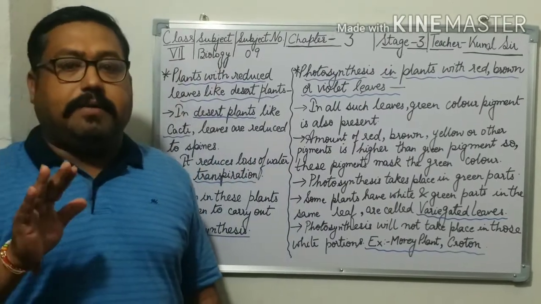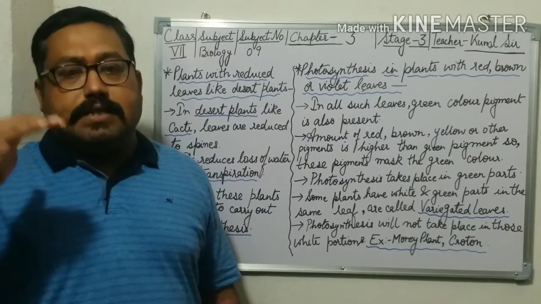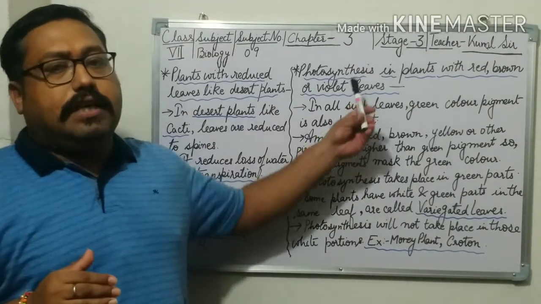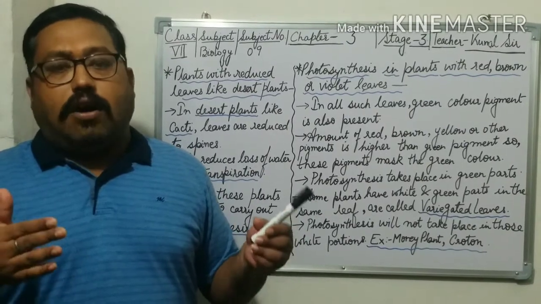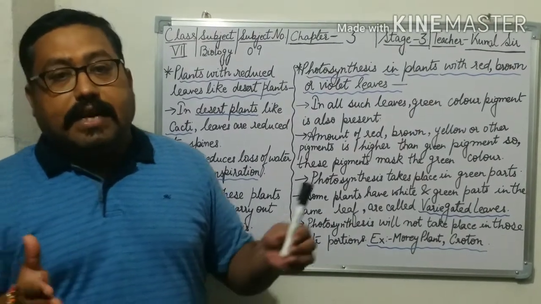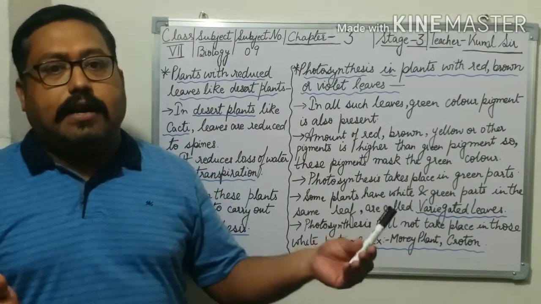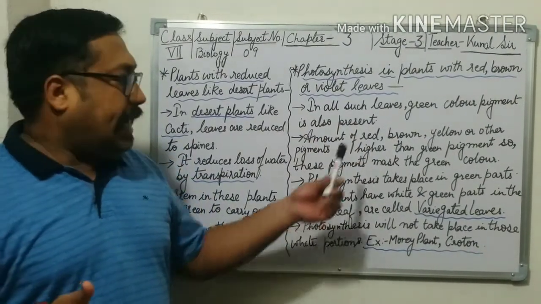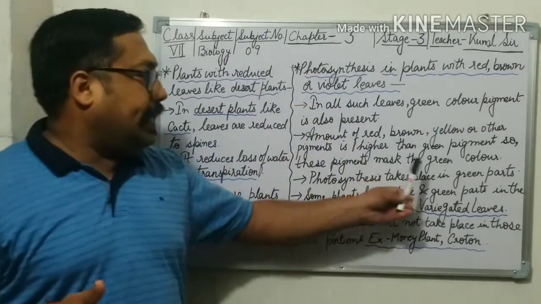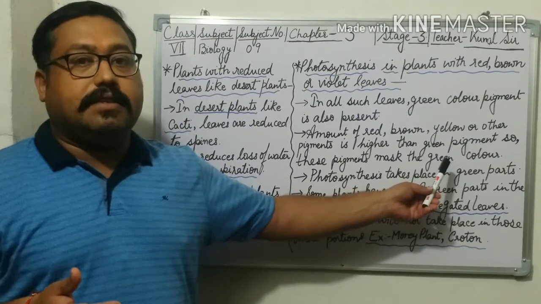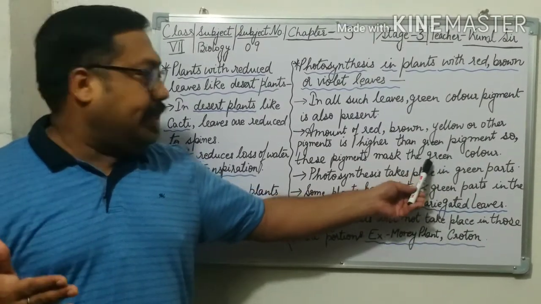Green pigment is available, but the amount of green pigment is lesser as compared to the amount of other pigments, like red, brown or yellow. They have higher amounts of other color pigments as compared to green pigment. So these pigments, red color, brown color and other colors, mask the green color.